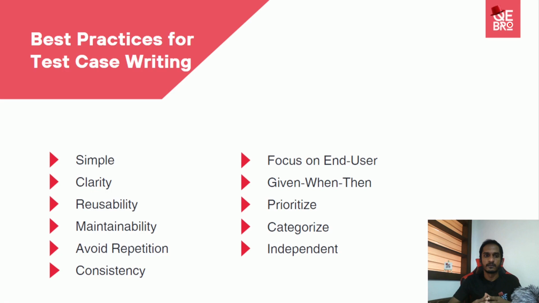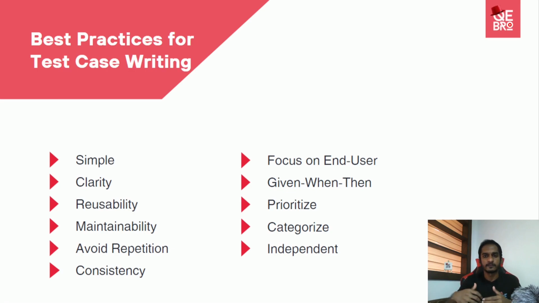And then when you write the test cases, follow this format, the Given, When, Then framework. GWT: Given, When, Then. We can break the test case into three important parts. Given means the preconditions: what needs to be there before you start executing the test case. When means the user actions: what you will do, the steps you follow.